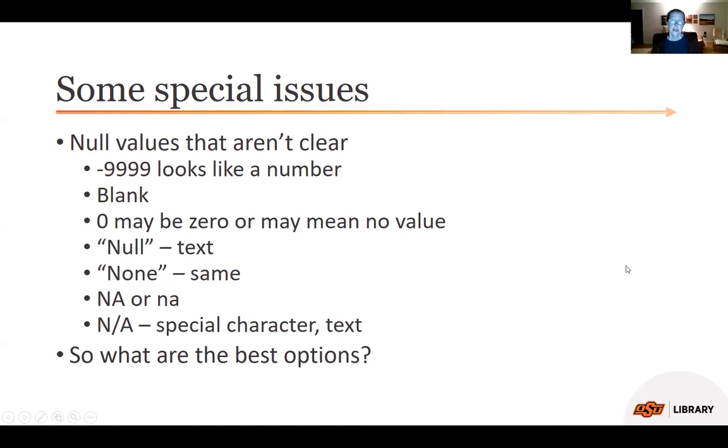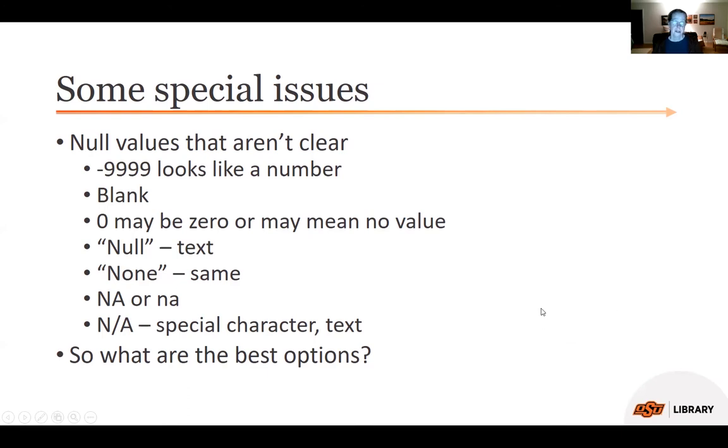Null and none are also text that may not be read as text, or if they're in a column that should be a numerical value, they may not be read by the software. NAs, meaning not available, are human readable and make perfect sense, but have the same problem, and an N/A introduces the additional complication of that special character.